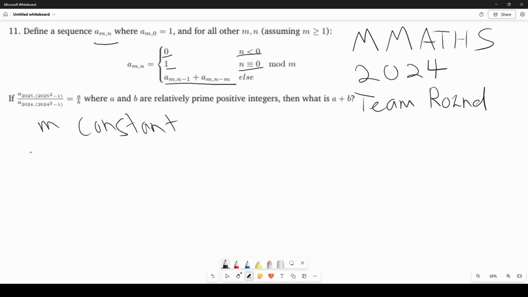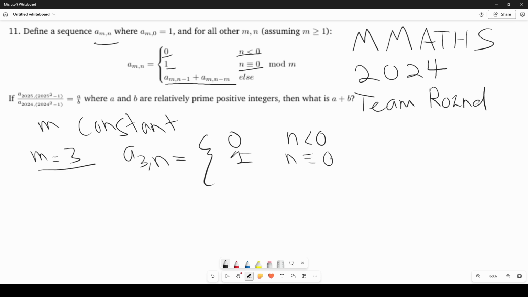So let's say if you took, for example, m equals 3, you get a whole sequence, a_{3,n}, which is defined like this: 0 if n is less than 0, 1 if n is equivalent to 0 mod 3, and a_{3,n-1} plus a_{3,n-3} elsewise.